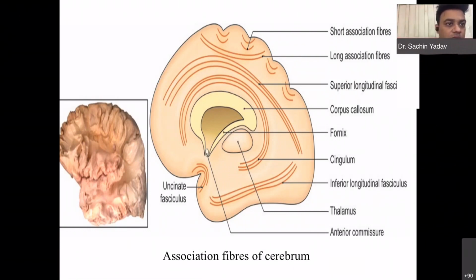And in the box on your left side, there is a real specimen of a cut cerebral hemisphere, and you can see the white matter forming the core of the cerebrum. The outer surfaces, which are the gyri, have the cortical area, that is the gray matter, and the white matter is present beneath the gray matter.